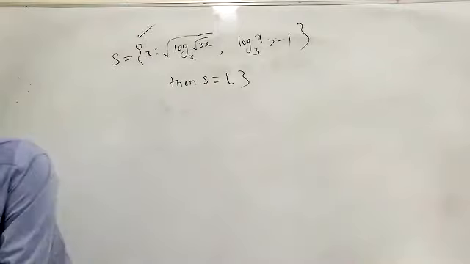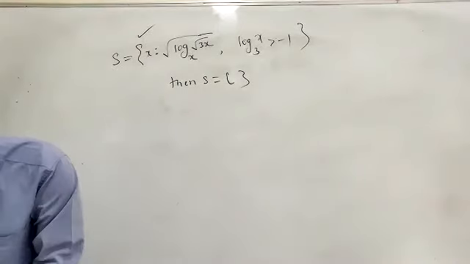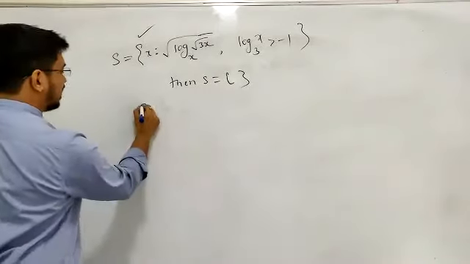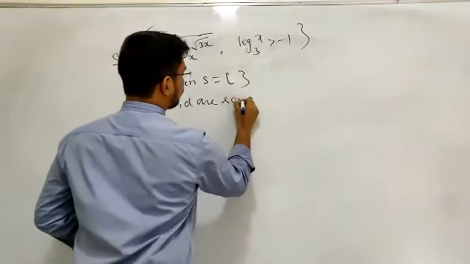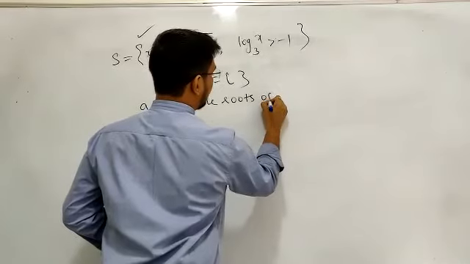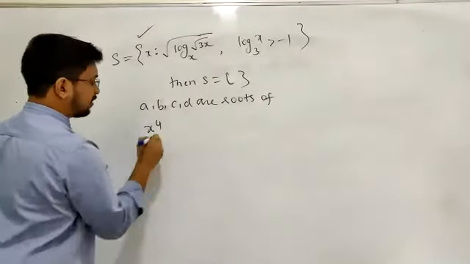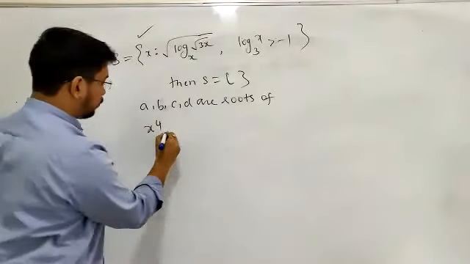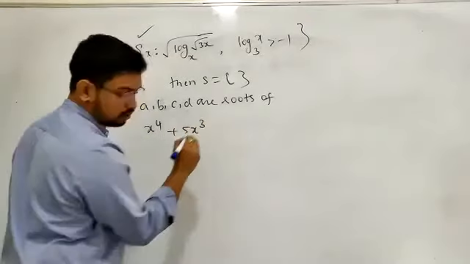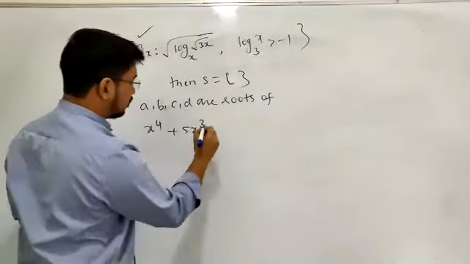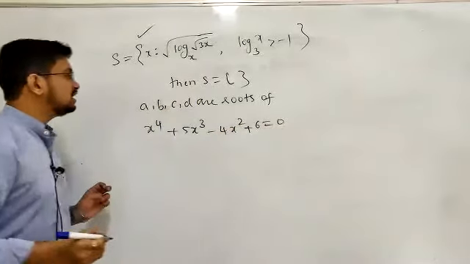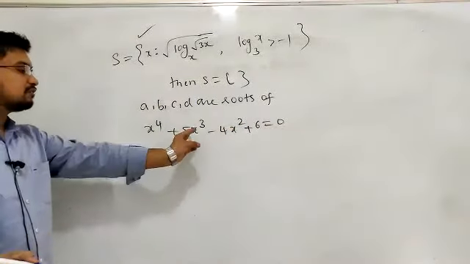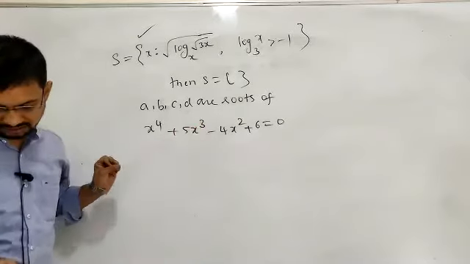And one more question, I'll just tell you one more question, please discuss it. This will again be a brainstorming question. I'll say that a, b, c, d are the roots of x power 4 plus 5x cube minus 4x square plus 6 is equal to 0.